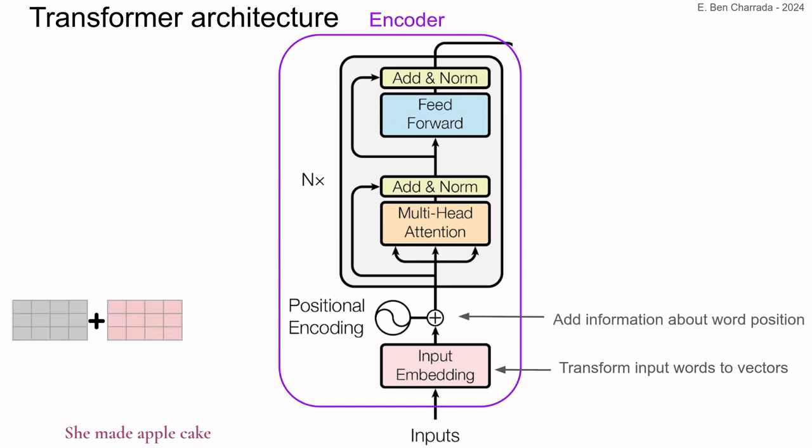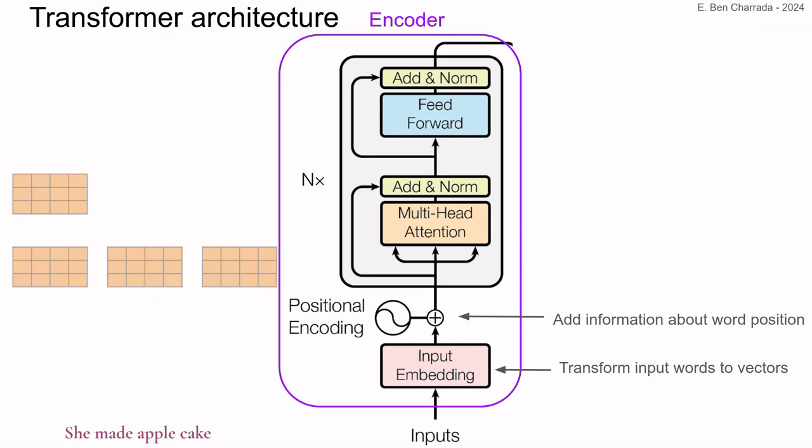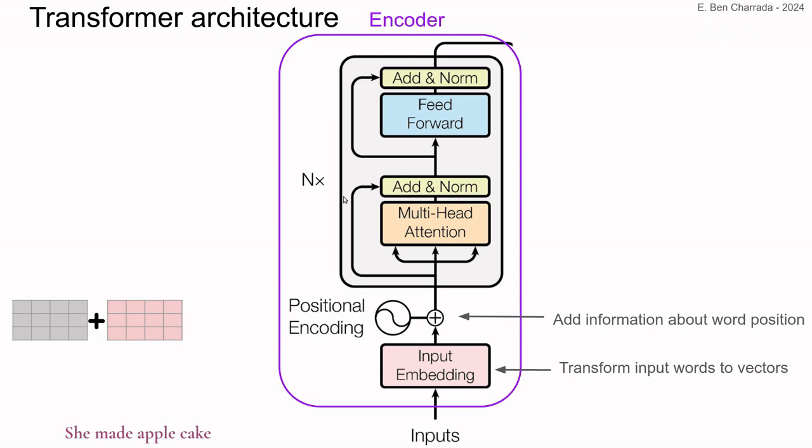After that, I will add some information about word position, which word is first, second, etc. And after that, I will make 4 copies of the matrix that I got here, with the input embedding and the position. 3 of these will go into the multi-head attention, and 1 we will keep for later.